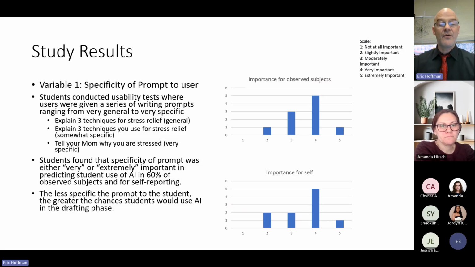And my students found that that variable was either very important or extremely important in 60% of the observed subjects. And I gave my students a separate survey to indicate how they use AI in their own work. And they had very similar results in this particular variable.